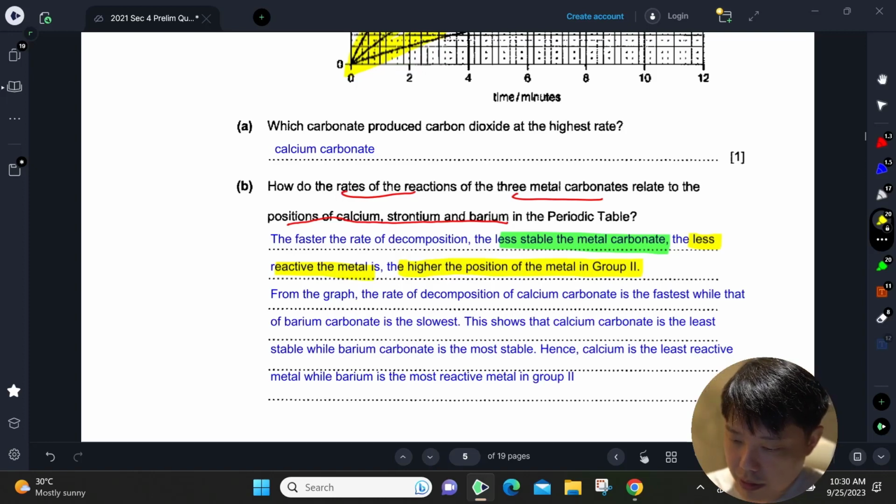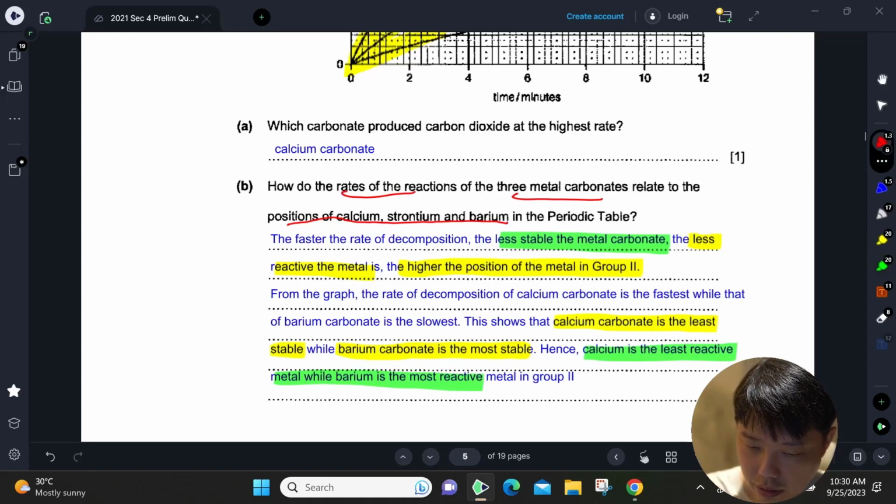So what this means is that calcium carbonate is the least stable, while barium carbonate is the most stable. So from that train of thought, you can deduce that calcium is the least reactive while barium is the most reactive. Okay, so what is the train of thought once again here? The rate of reaction. Then you talk about the stability of carbonate.